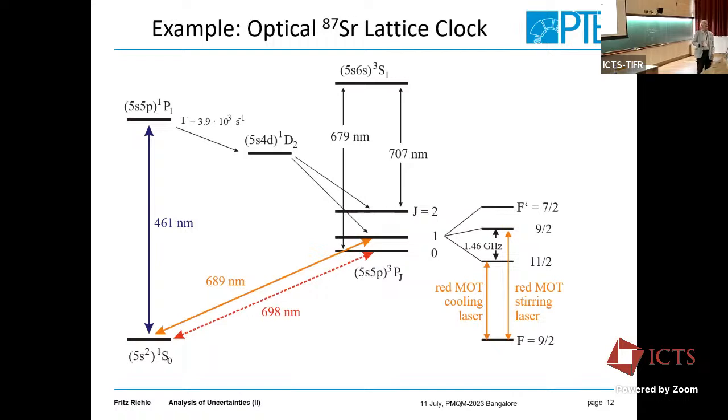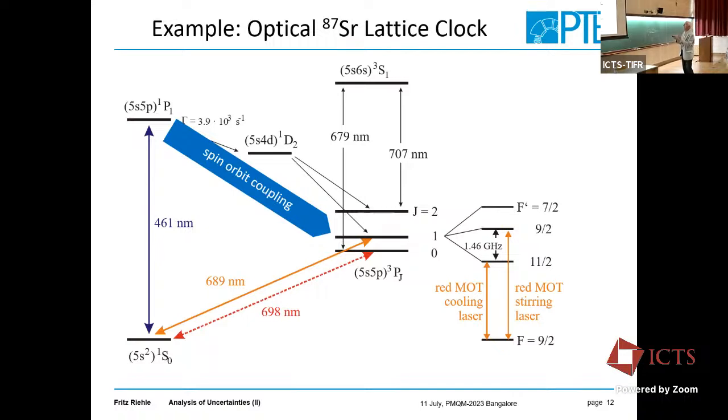Okay, why does the clock operate anyhow? The reason for this is that there is a mixture of these states from the P states. So it's not a pure state.